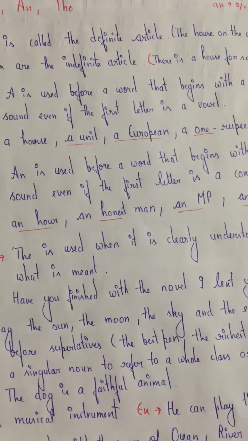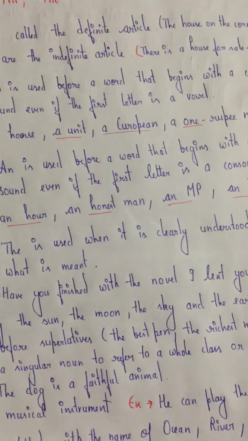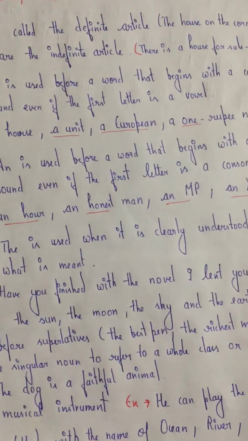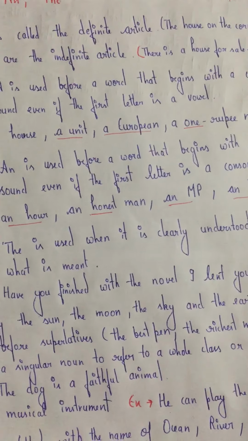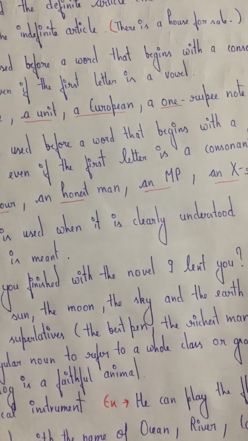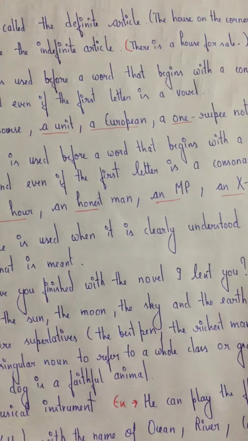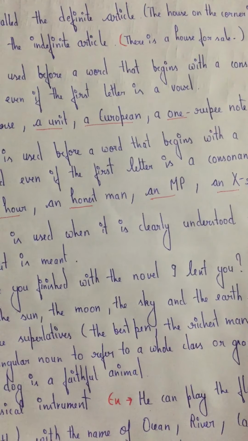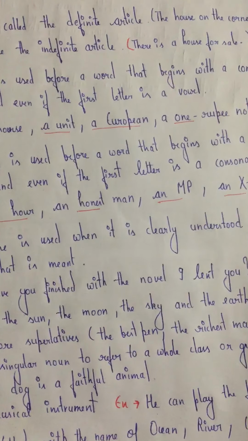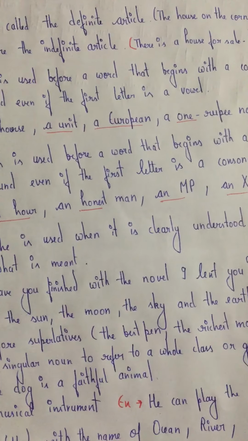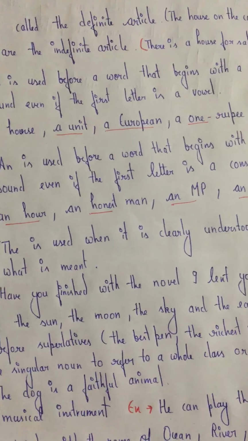But when we are pronouncing it, when I am saying unit, the sound is of yoo. Yoo comes under the consonant sound. A European. The sound is again of yoo. Yoo falls under the consonant sound. So that's why we are using a before unit, though the word is starting with a vowel.